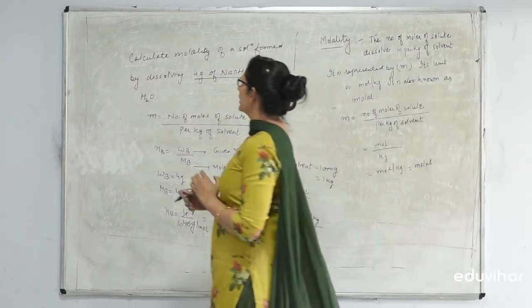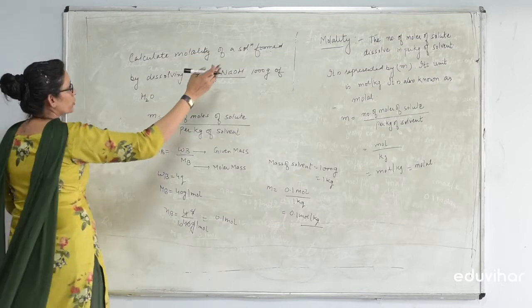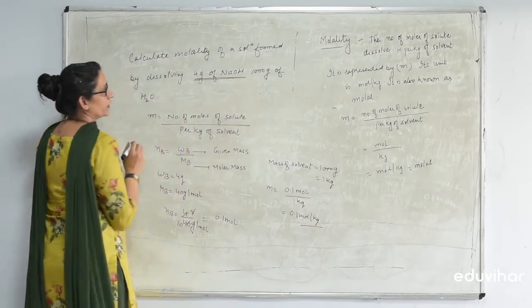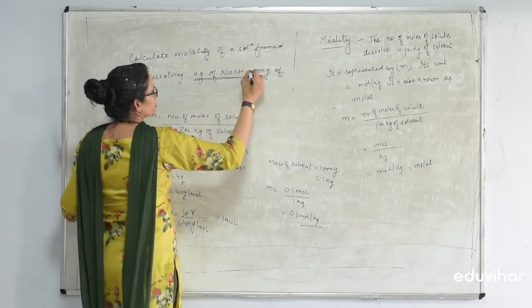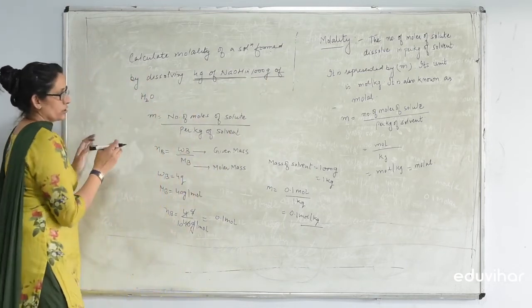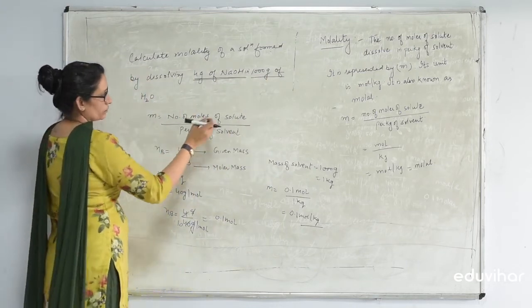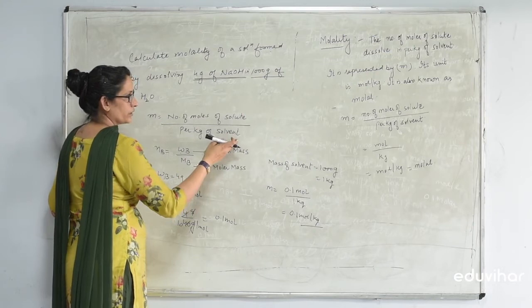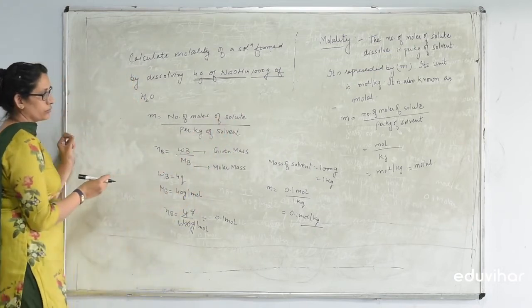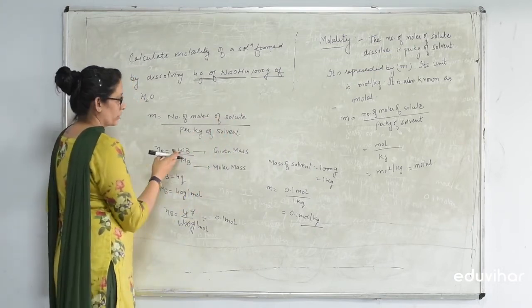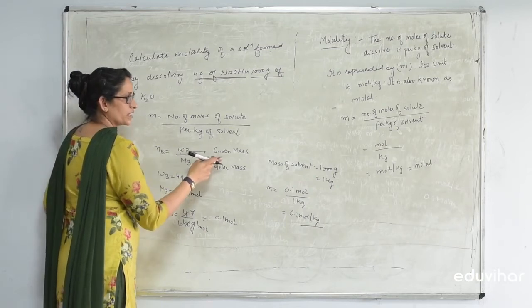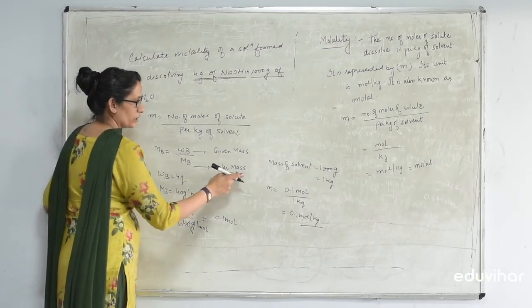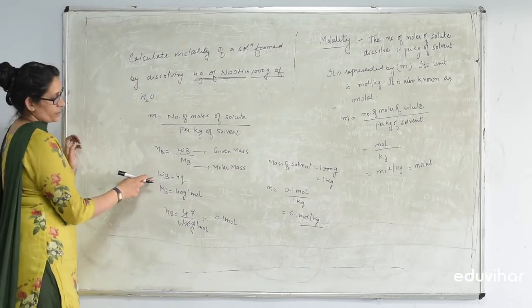There is a numerical. Calculate the molarity of a solution formed by dissolving 4 gram of NaOH in 1000 gram of water. So molarity is equal to number of moles of solute per kg of solvent. How can we calculate the number of moles? Number of moles is equal to Wb upon Mb. Wb is the given mass and Mb is the molar mass. Given mass is 4 gram.